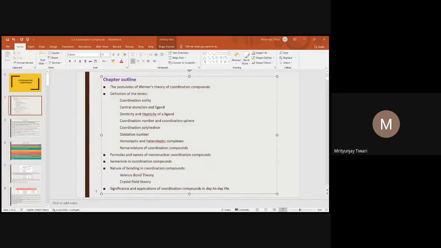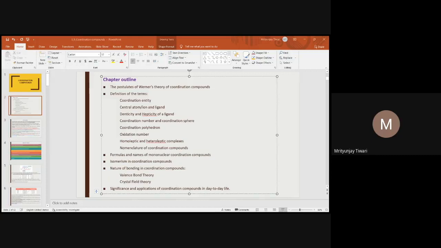He said the primary valencies are usually ionizable and are satisfied by negative ions, depending on whether it is a negative ion or positive ion. So the primary valencies are usually ionizable. If you dissolve this in water, you can see the potassium ion will be ionized. This complex compound will be ionized into potassium ions and the ferrocyanide ions. So this is the primary valency, which is ionizable.